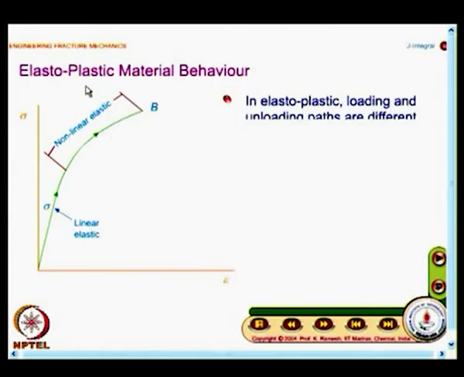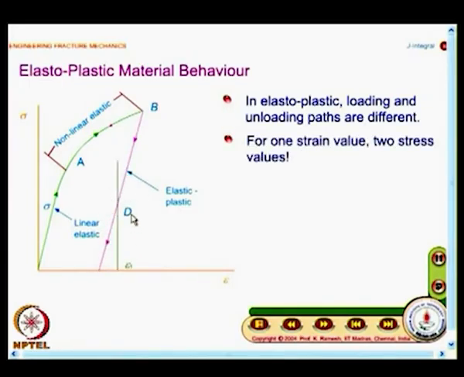What makes elastoplastic analysis difficult is that when you unload, the unloading path is different. This is one of the difficult aspects. This needs to be addressed, and whenever there is a crack propagation, crack growth, you would definitely have unloading.